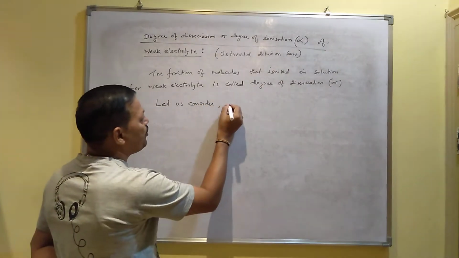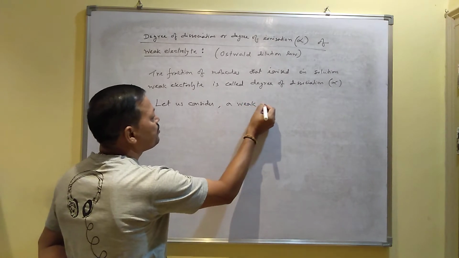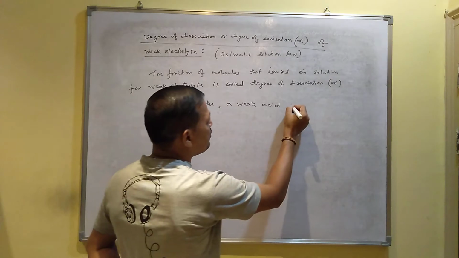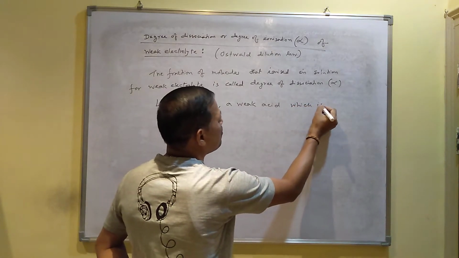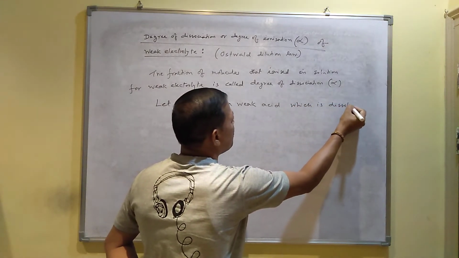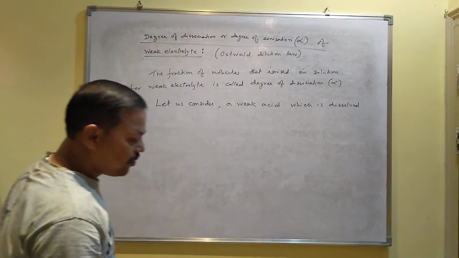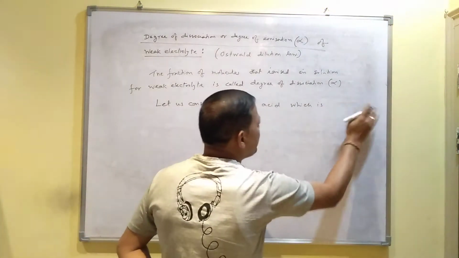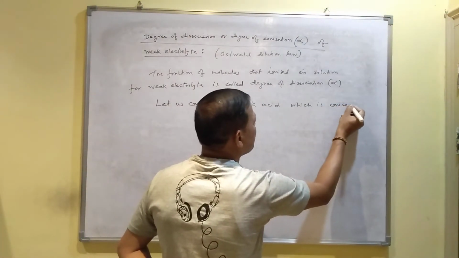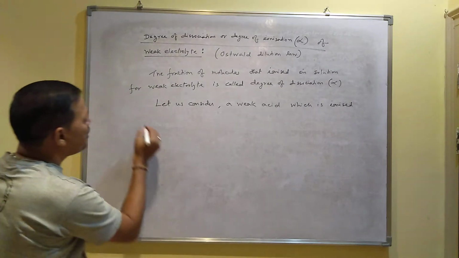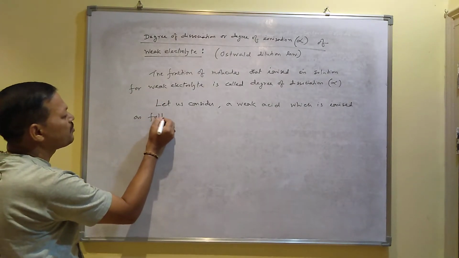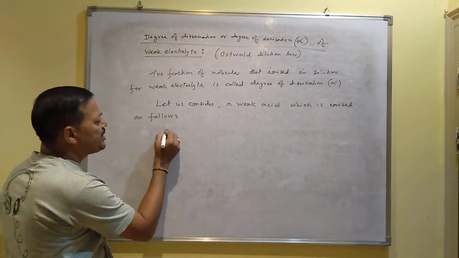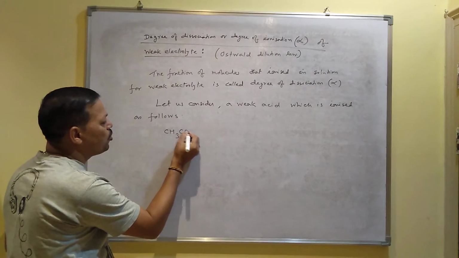Now, let us consider a weak acid, I mean a weak electrolyte, which is ionized as follows. Suppose that weak acid is acetic acid, CH3COOH.